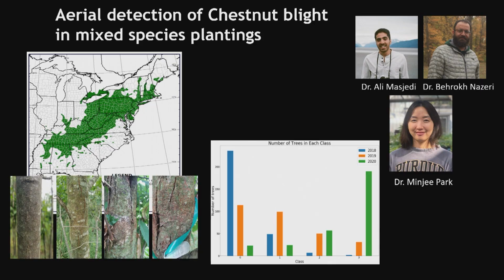And we started collecting both proximal and UAV measurements at a very opportunistic time, where we saw the introduction of chestnut blight come into these stands, and you can see the number of trees in each class change from very low classes to very high classes in a 3-year period, right? A lot of this work was done by Sylvia, who's over there. I don't think Baroque is now with NASA, and Ali is with Bayer.